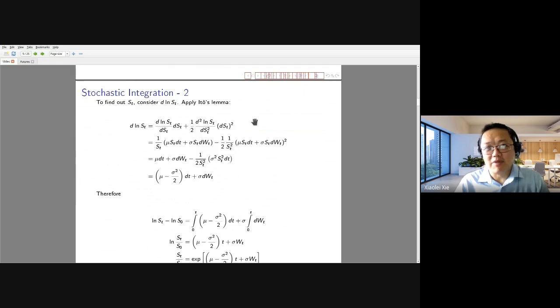So we apply Ito's lemma here, and then you take the first derivative of the logarithm, so you get the 1 over St here. Take the derivative again, we get this term, and by squaring dSt, the only term that survives is dWt squared, and that gives us dt. So in the end, we'll get this expression for the differential of the logarithm of the price.